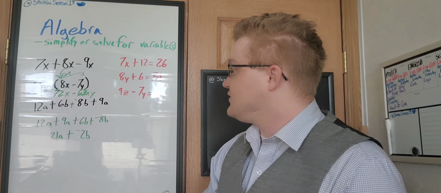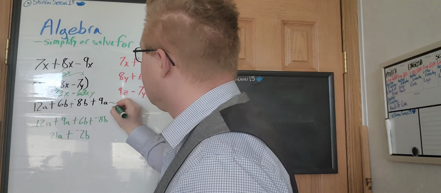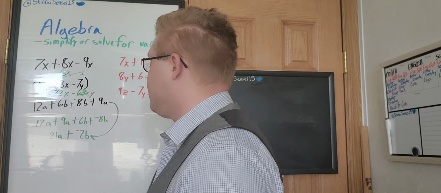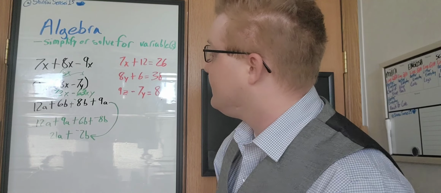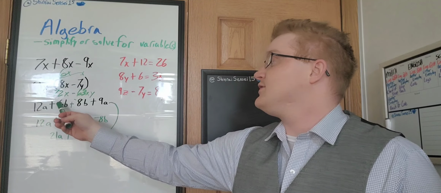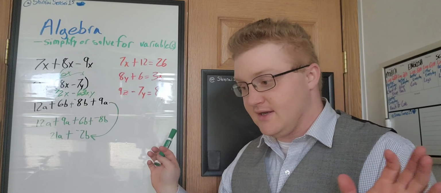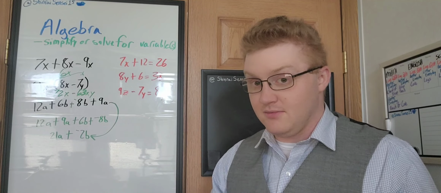That's the simplest version of that. Now really you could have just gone with 6b minus 8b and just done that and gotten negative 2b as well.